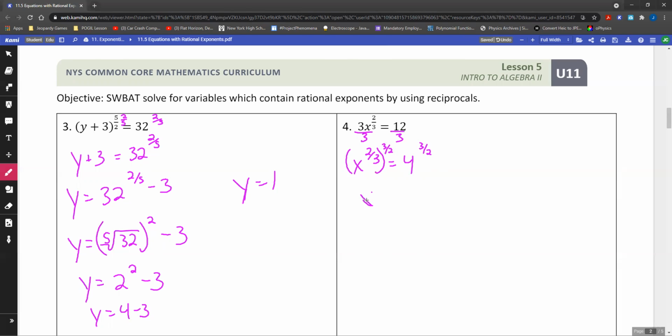This just becomes x, and this becomes the square root of 4 to the 3rd. Well, the square root of 4 is just 2. So 2 cubed is going to be 8. Right.